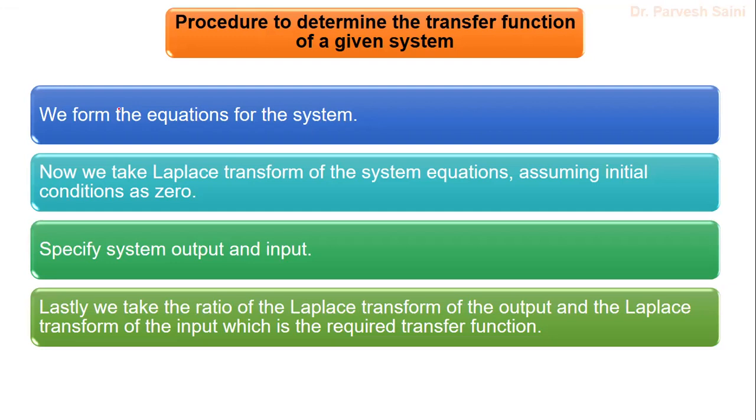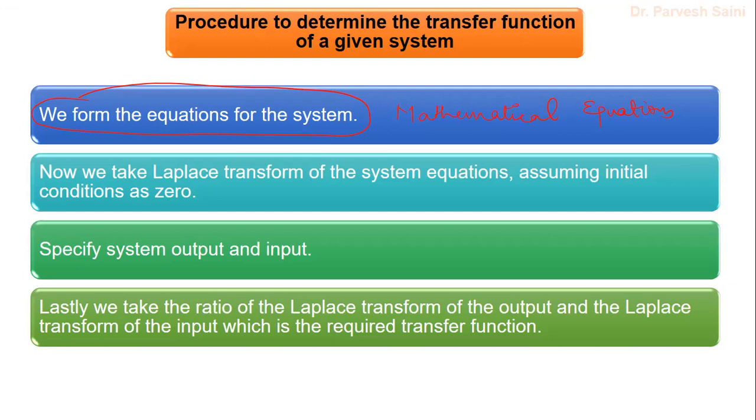So the first thing that we do to get the transfer function of any given linear time invariant system is we derive its equations. We derive the mathematical equations, right? So now then what do we do? Because as per the definition of transfer function, it is the ratio of Laplace of output to the Laplace of input.